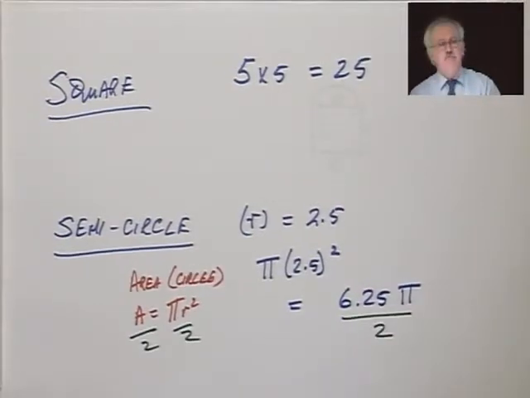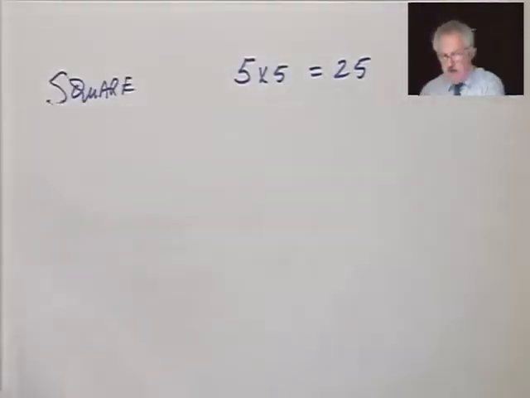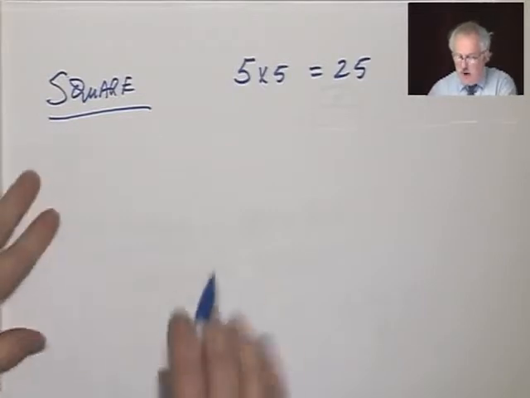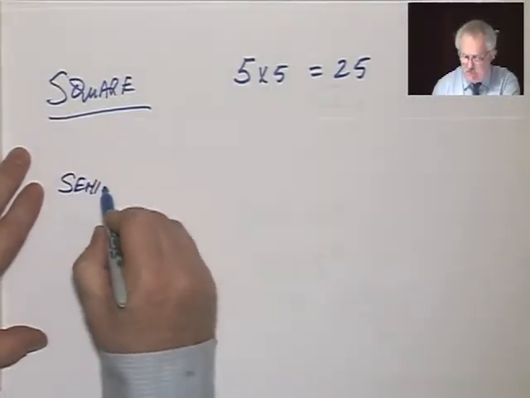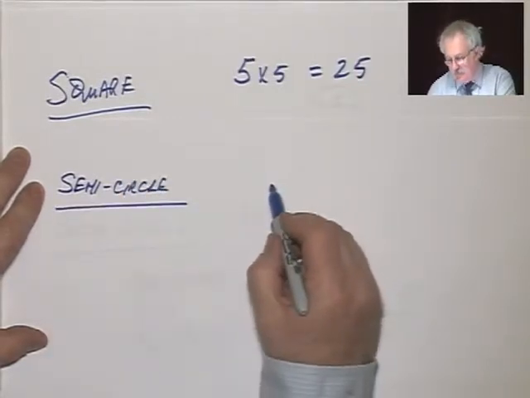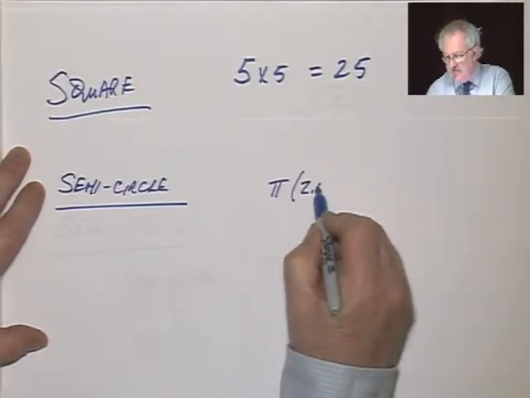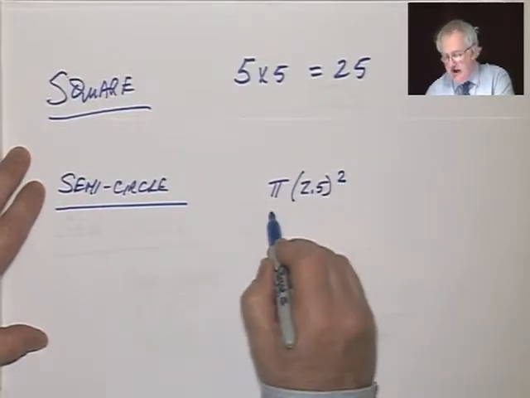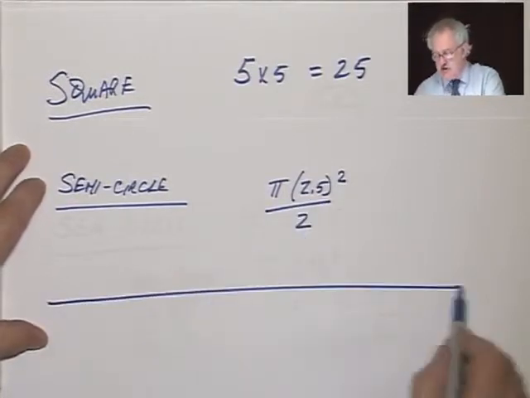So the overall area of this sum turns out to be that the square part is contributing 5 by 5, and the semicircle is contributing pi r squared, which is 2.5 squared, divided by 2. Is that okay? And we can add those two up.